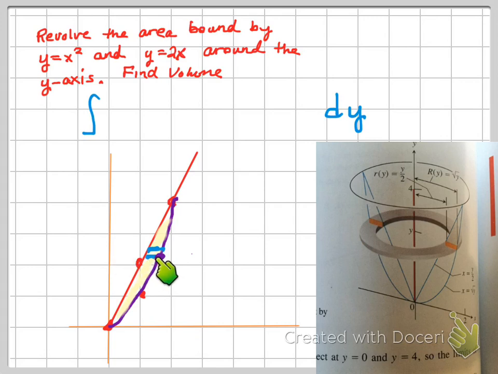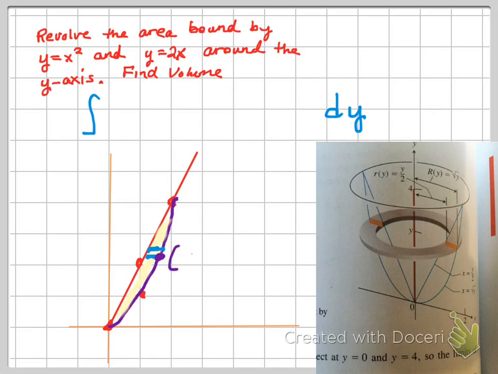And I am looking for the x value. My outer radius is going to be x. But remember, this formula is only allowed to use y's. The purple represents this equation right here, and I don't have something for x, so I need to solve for x and write it in terms of y.